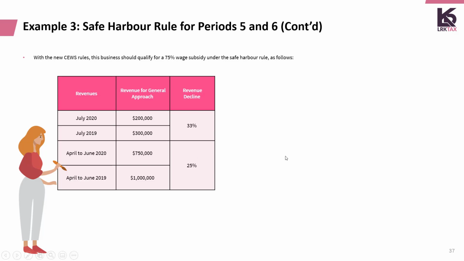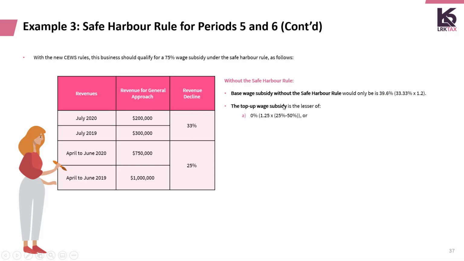And also for the top-up subsidy, you don't really need to look any further, because it's really meant for those businesses with a 50% decline or more. So in this particular case, you're not even at the 50%, so we don't get a top-up subsidy. So in that particular case, your CEWS should be 39.6% as your reimbursement rate. Again, this is computing it without the quote-unquote safe harbor rule under the normal rules. So again, 39.6, because the revenue decline of 33% times 1.2.